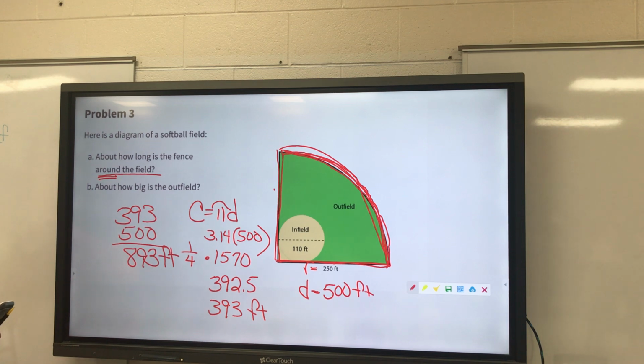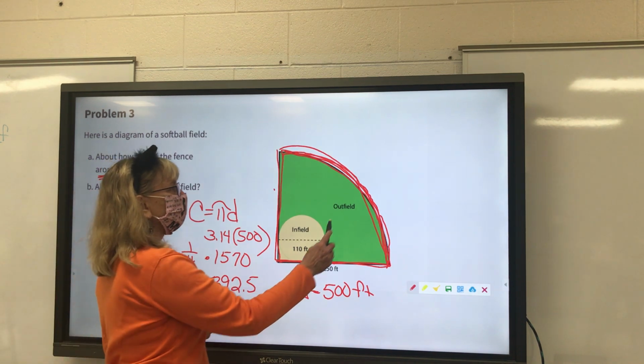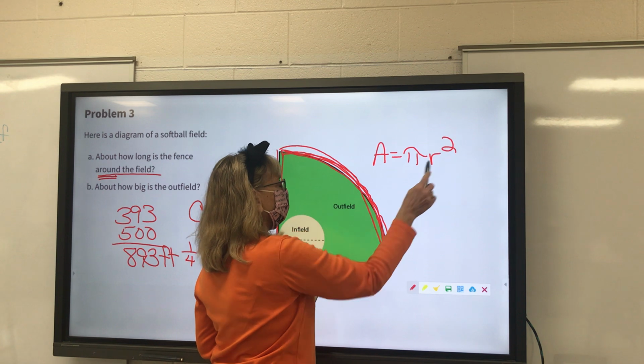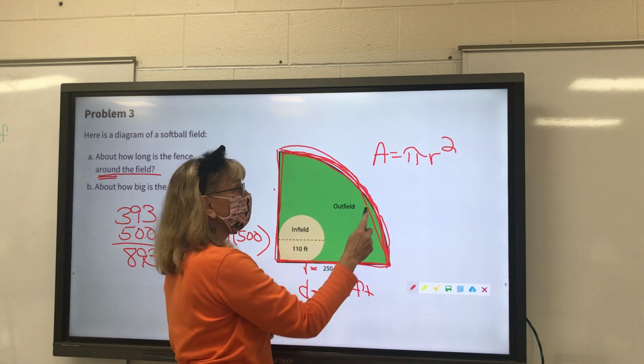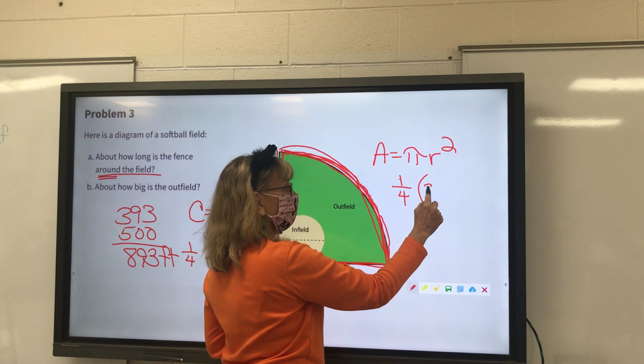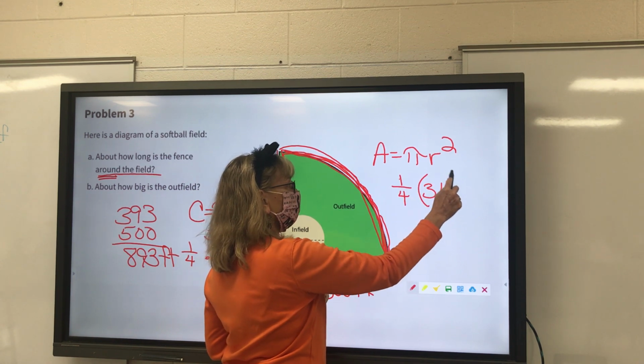All right, now they want to know about how big is the outfield. Area or circumference? Area. Okay, area is pi r squared. We already determined that this was 1/4 of a circle. So I'm going to do 1/4 times pi. We're going to use 3.14.